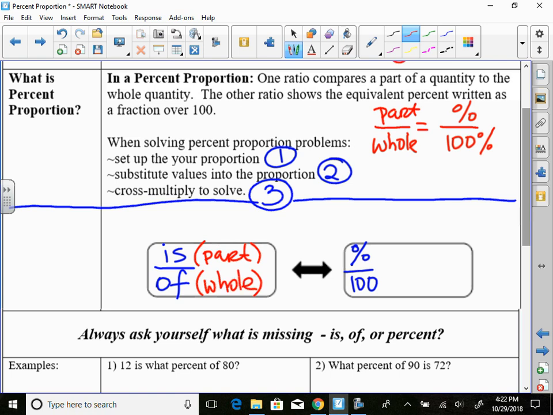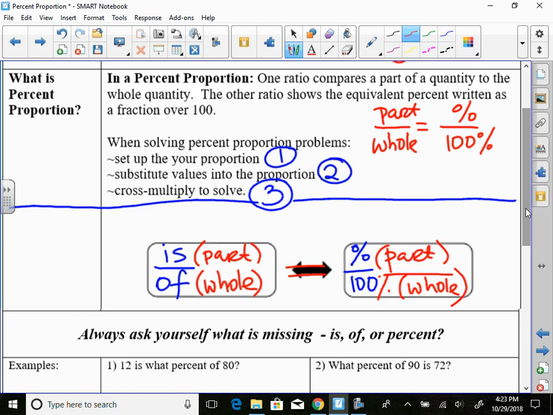The percent on the top also represents part percent, and the 100% on the bottom represents whole percentage. And there's actually going to be an equal sign in between these two ratios because the relationships are proportional.